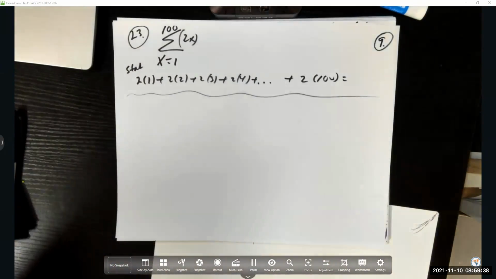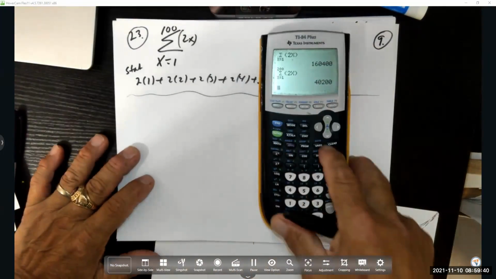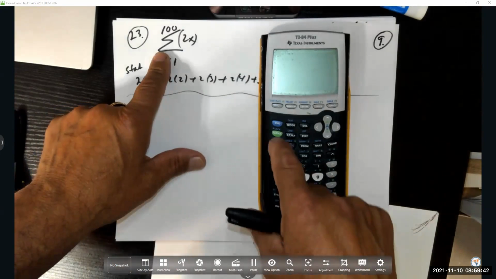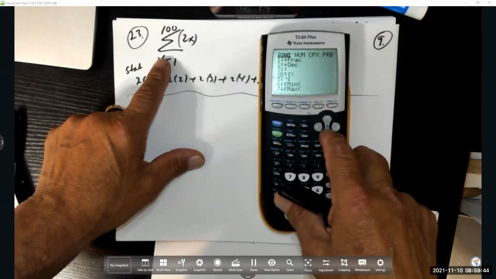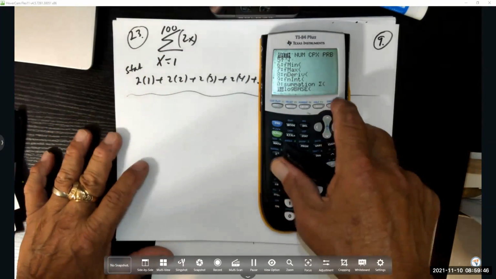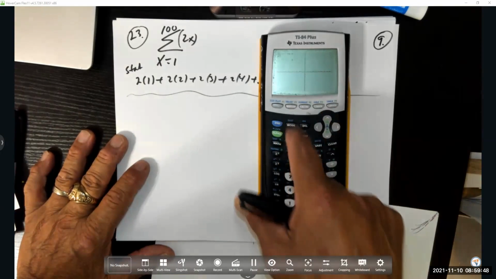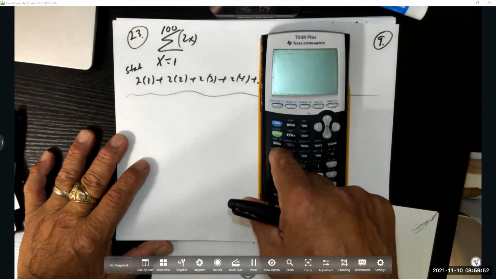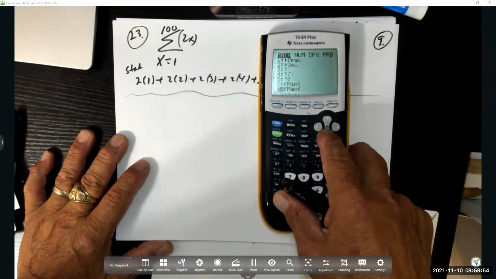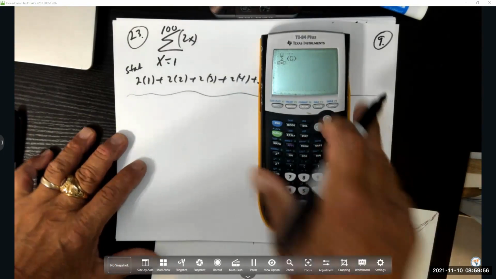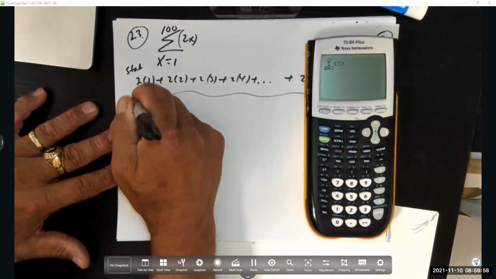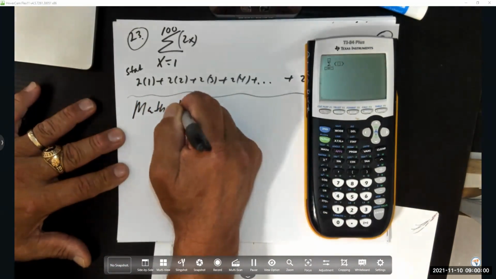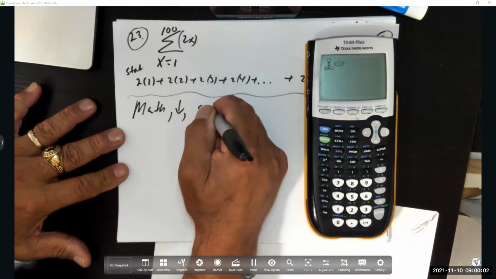So I'm gonna do it the calculator way. Math, down arrow till you get to summation. Okay.